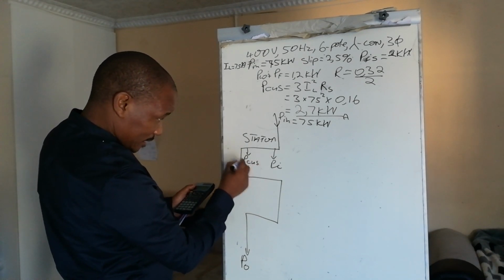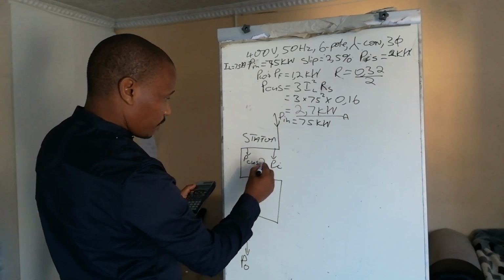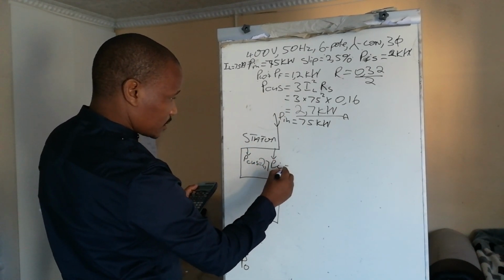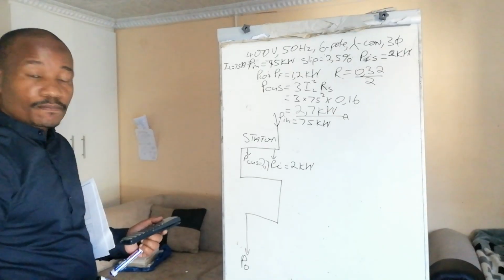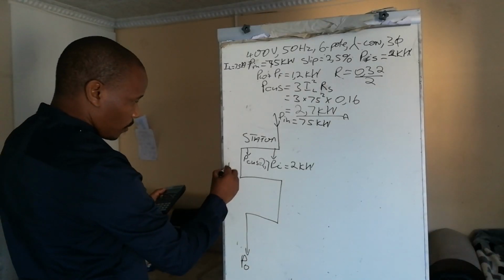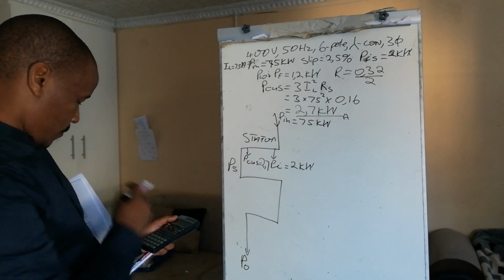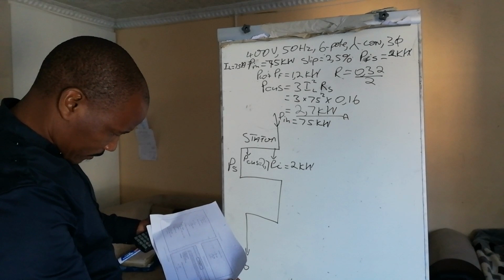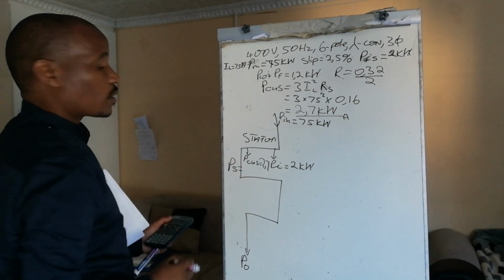Already this is calculated as 2.7, and this is given as 2 kilowatts. And then here, of course, we've got the synchronous power. Anything given? No. Then this is the synchronous power.